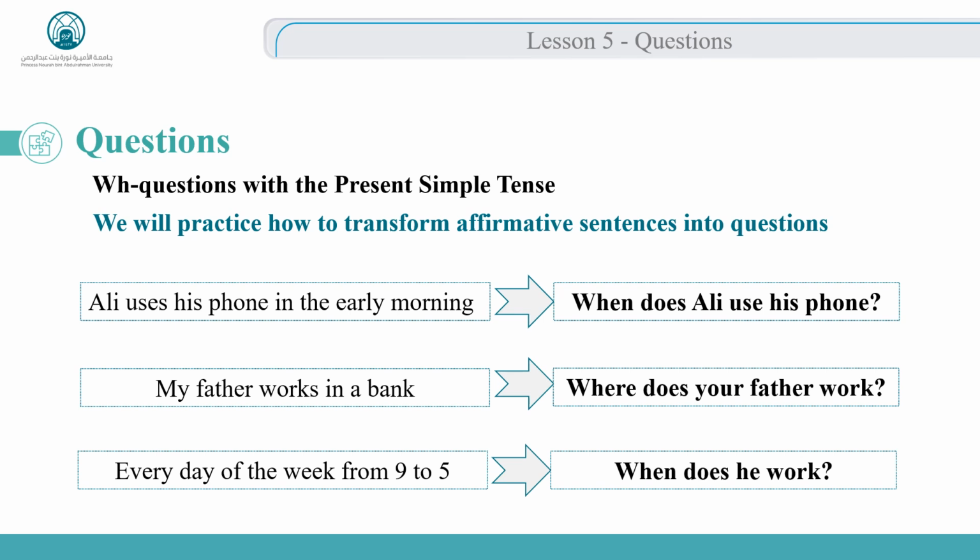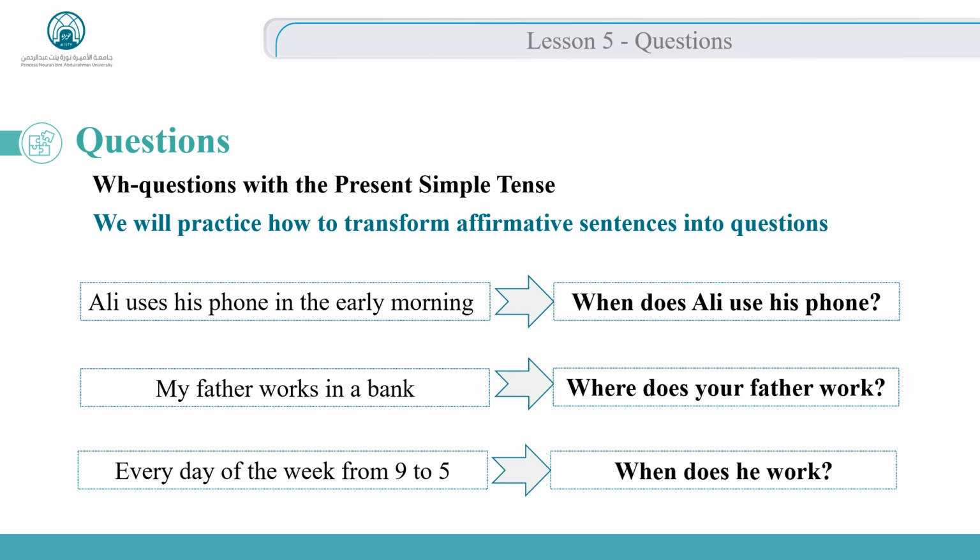So let's practice together by transforming affirmative sentences into questions. The first example. Ali uses his phone in the early morning. We can ask a question about the time Ali uses his phone. When does Ali use his phone?